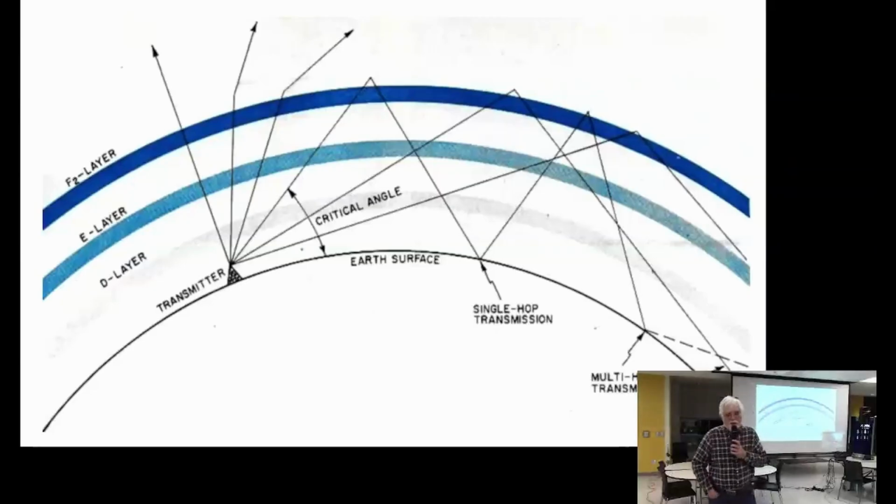And this is called near vertical incidence propagation, or usually NVIS is the term, and it's a way in which you can use high frequency, which often doesn't, as we'll get to here, come back locally.